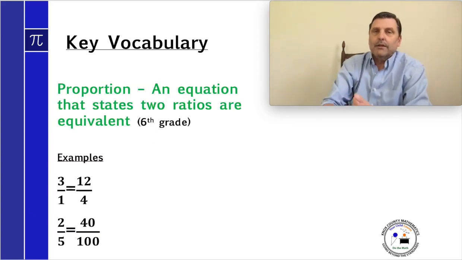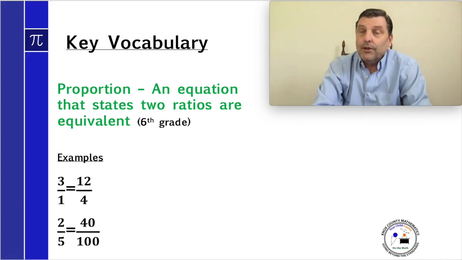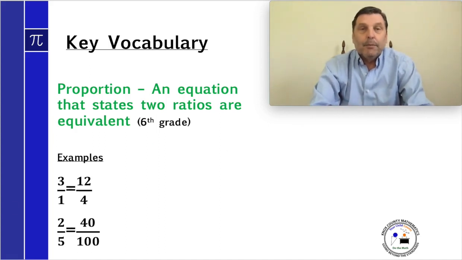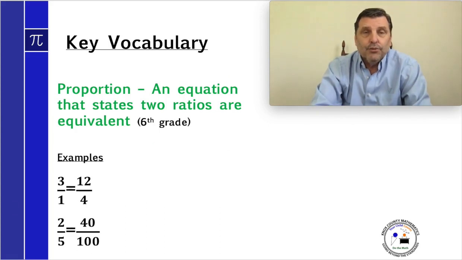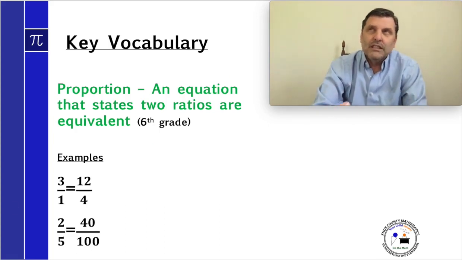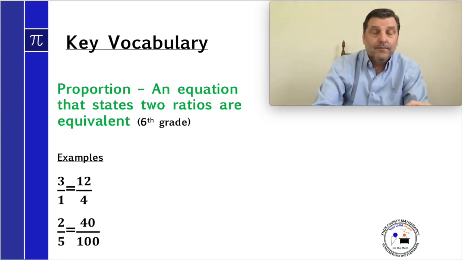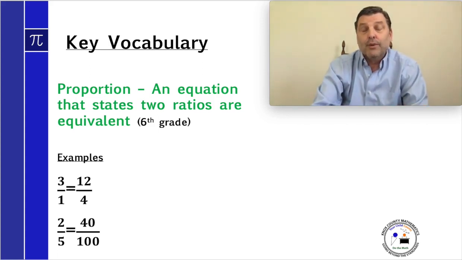Another key vocabulary is the word proportion. It was also touched on in the 6th grade and then reintroduced in the 7th grade. A proportion is an equation that states two ratios are equivalent. Essentially, a proportion could be thought of as like a fraction, and a ratio could be thought of as like a fraction, and a proportion is two ratios that are equivalent.